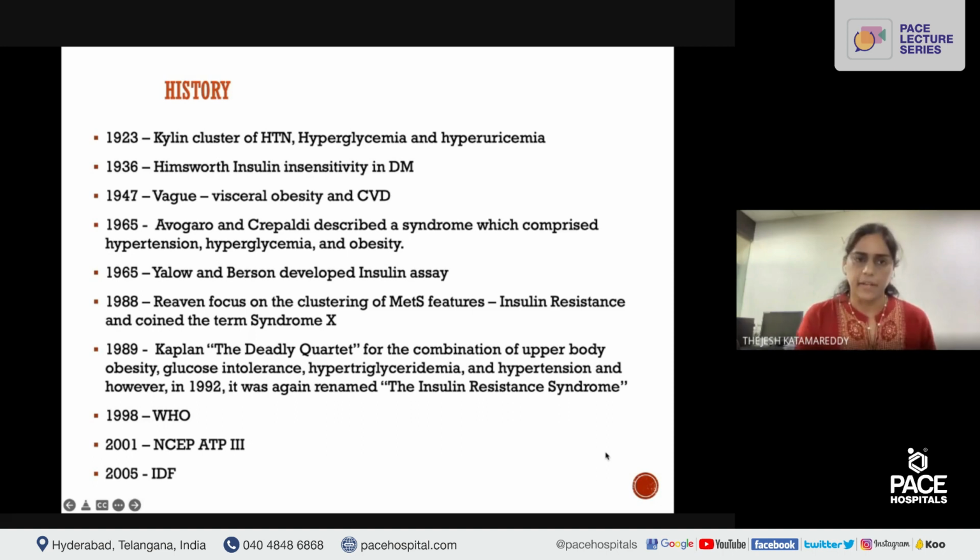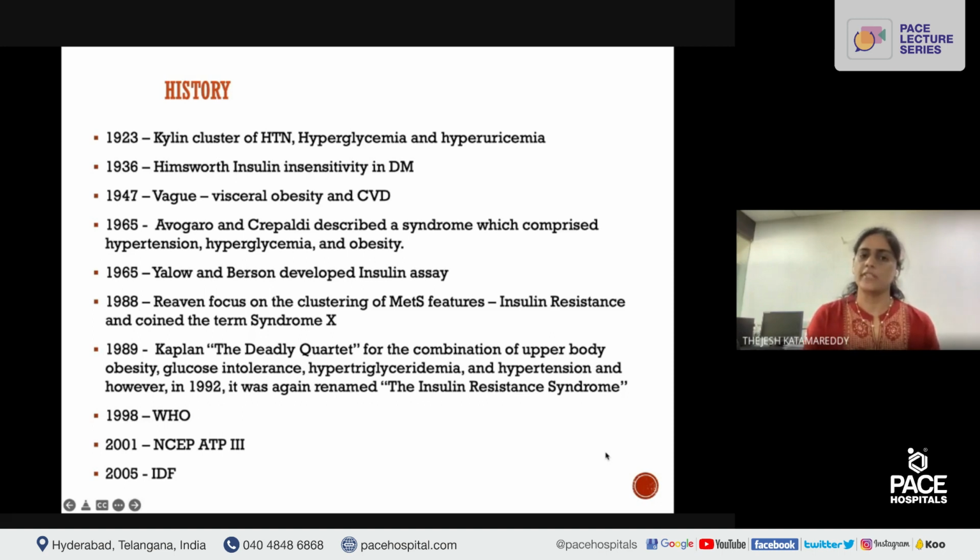In 1965, Avogadro and Crepaldi described this syndrome, which includes three components: hypertension, hyperglycemia, and obesity. In 1965, Yalow and Berson discovered the insulin assay, which helped us in diagnosing metabolic syndromes.